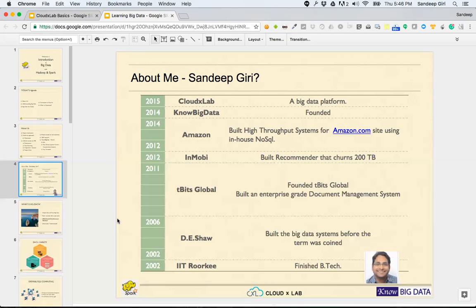Neither had they actually worked on real life use cases, nor did they have the technical expertise. And that's what was my realization, that there is a huge scope. Something which I've learned in my career, I can teach in a better way. And that's why we started No Big Data.